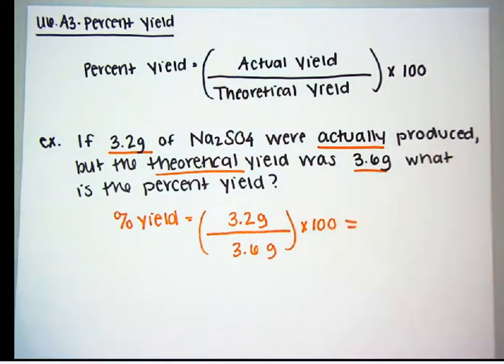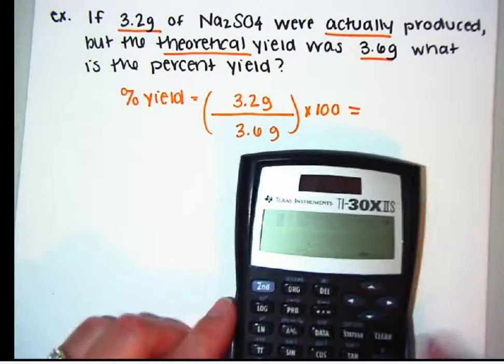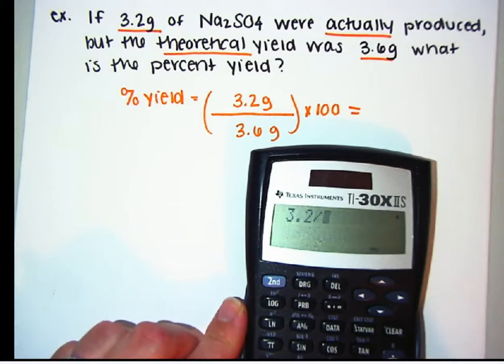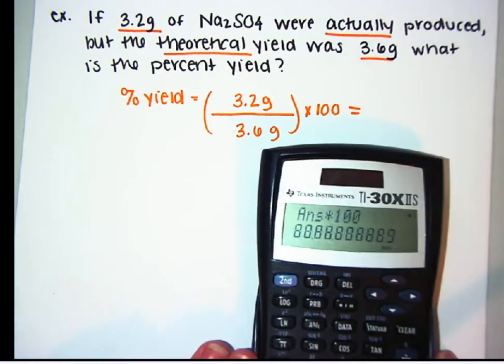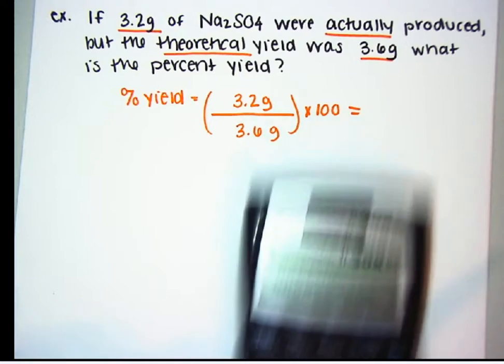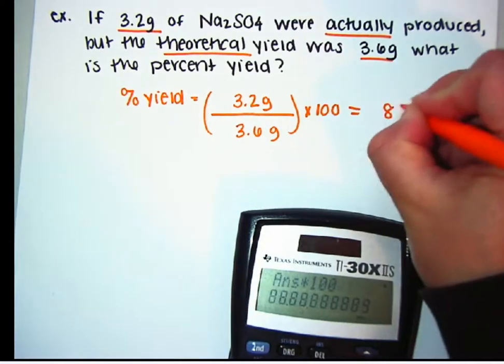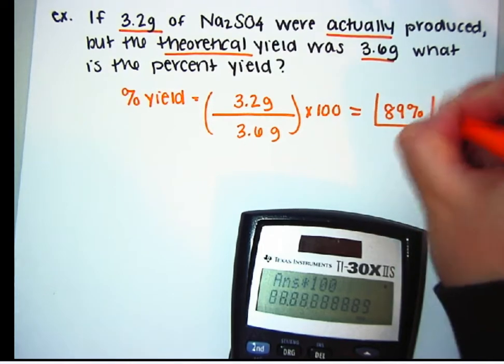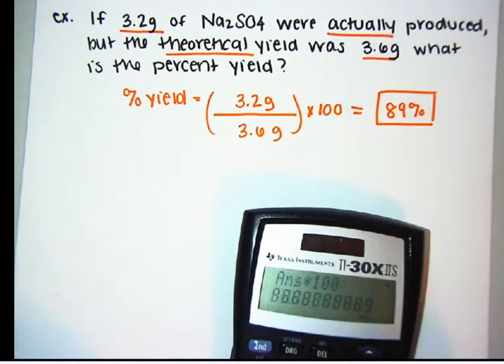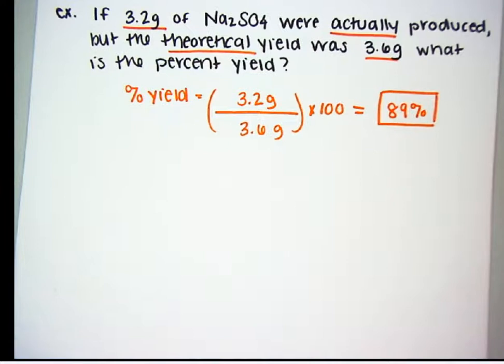And then we're going to multiply by 100. My masses have two significant figures, so 88.8 is going to round up to 89%. The higher the percent yield without going over 100, the better.